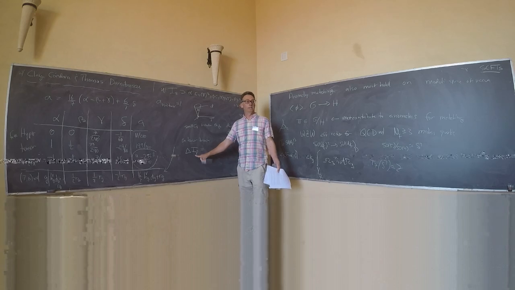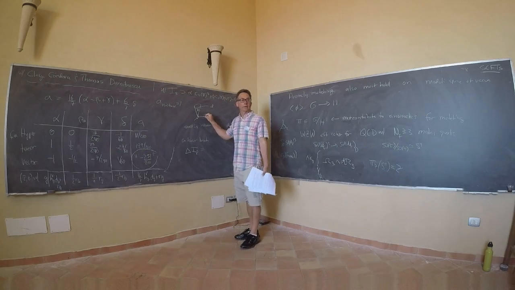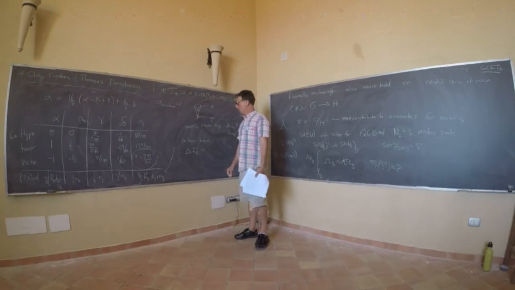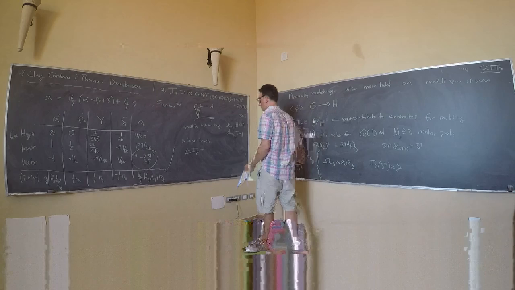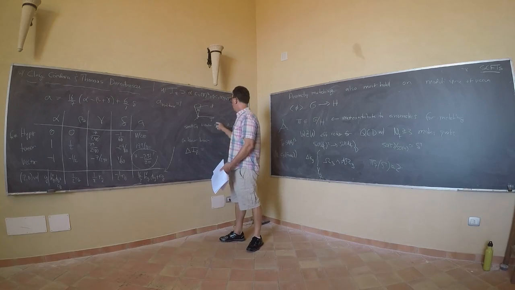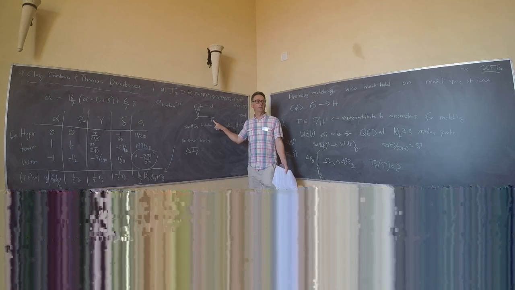So there might be an apparent mismatch between the I_8 here and the I_8 here. And because of anomaly matching, that mismatch has to go away somehow. The way this apparent mismatch can go away is that on the tensor branch there could be something like a Green-Schwarz mechanism that allows you to match it.